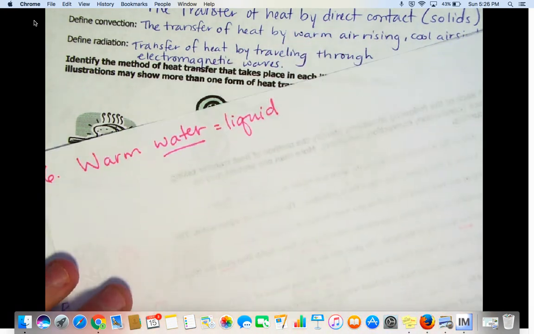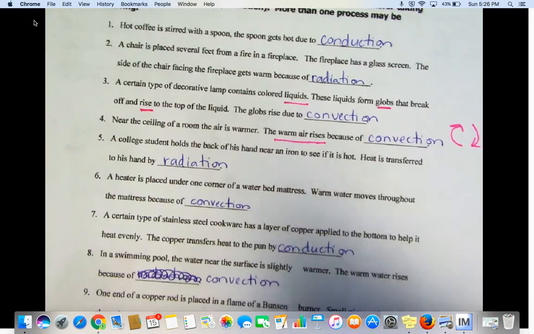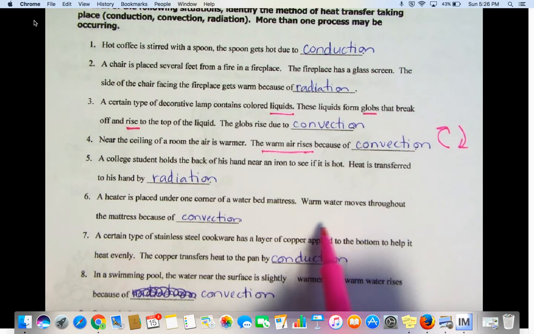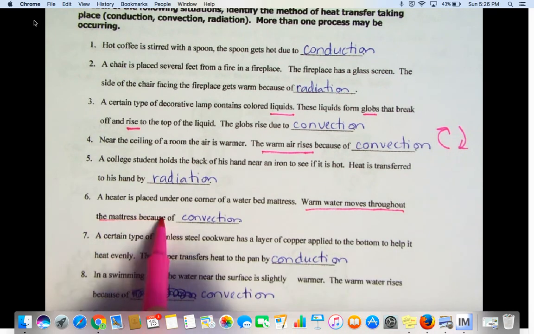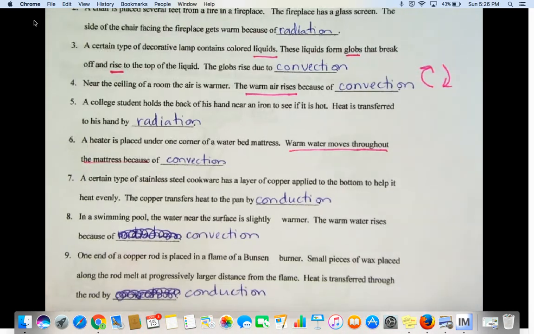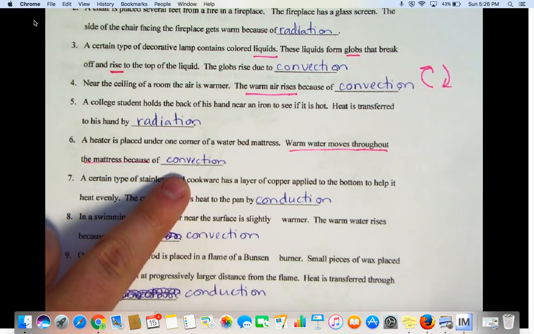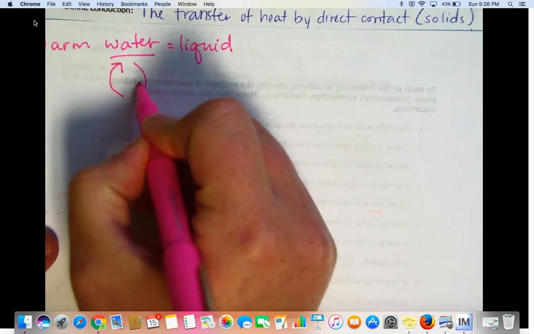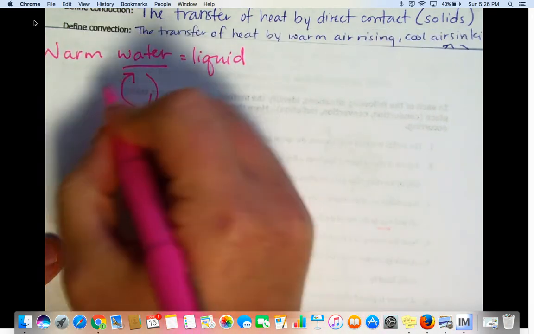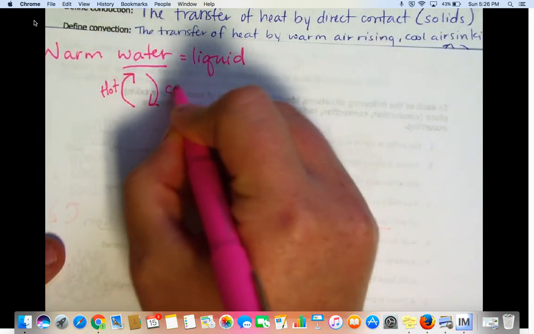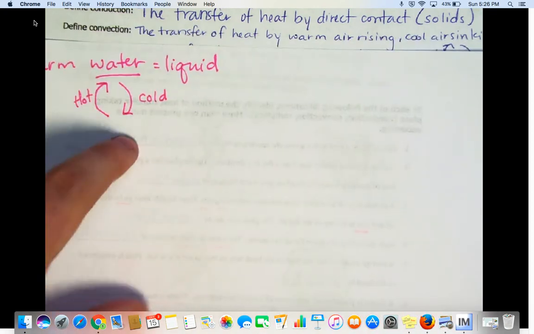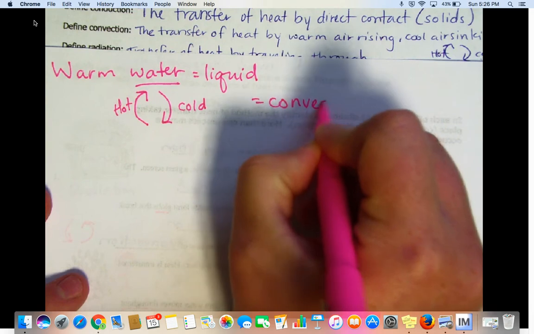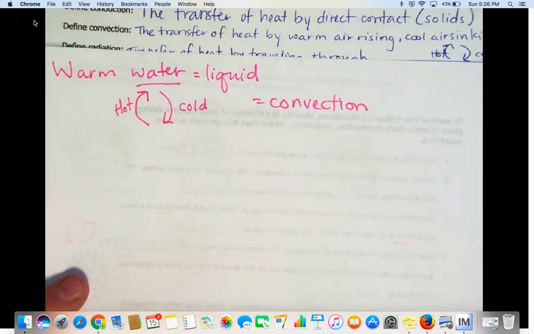So my brain automatically starts to think convection, convection, convection. Okay? And then it says warm water moves throughout the mattress because of. So then I can really nail down my answer of convection because I see that I've got warm water, doing what? Warm water is rising. That means we know that the cold water is sinking, which is why I have convection. Okay?